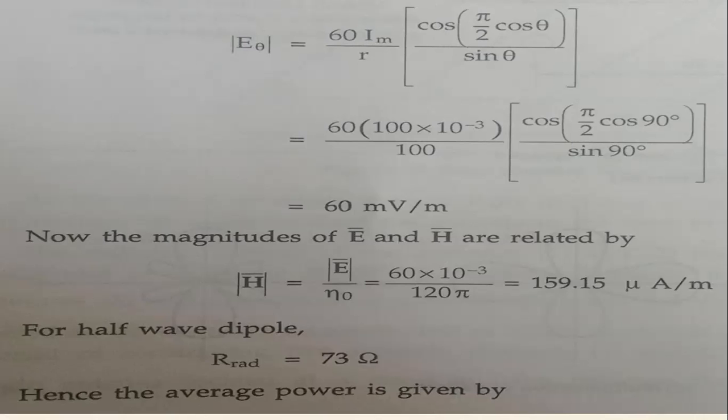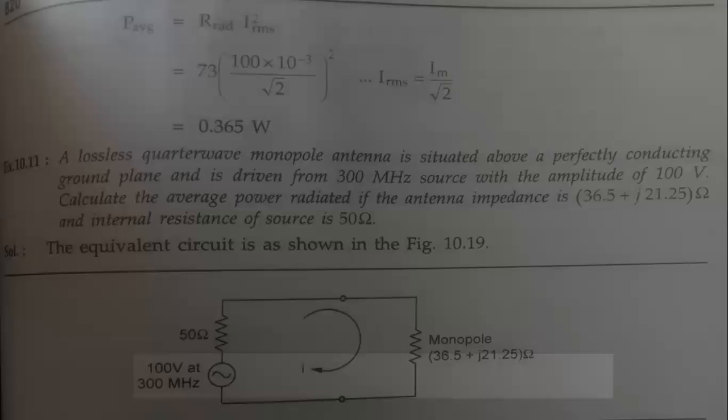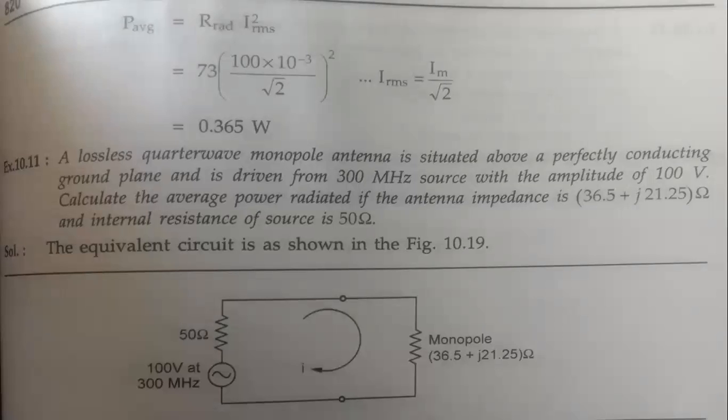How can we find the remaining part? The average power is equal to the radiated power, P equals I square R. The average power can be calculated as P average equals I square R. So what is I square? I RMS square into R radiated. R radiated for the dipole is 73, and I RMS square is to be found.